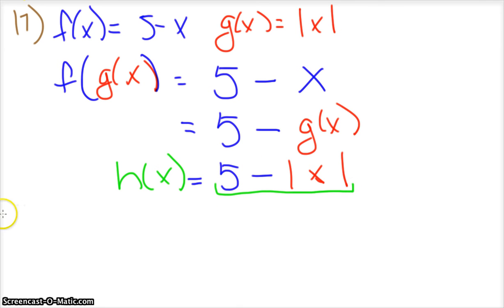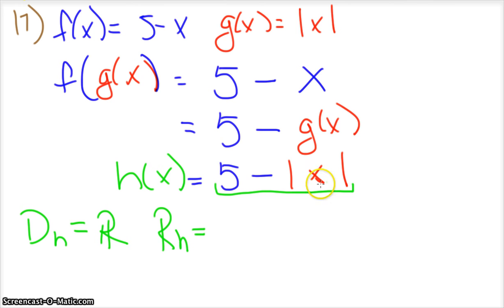You're done. What's my domain? Is there any restriction on the number I can use for x, or the value for x? Is there anything that tells me I can't use a certain number? Nope. So, just as always, most of the time the domain is going to be all real numbers. The range. What am I going to get out of this?